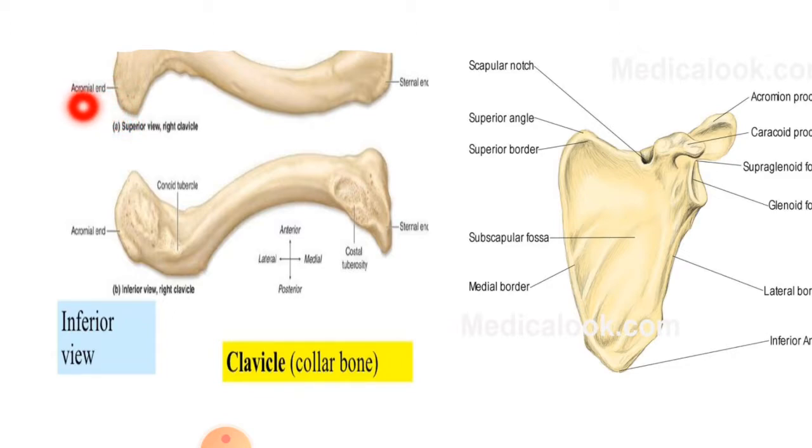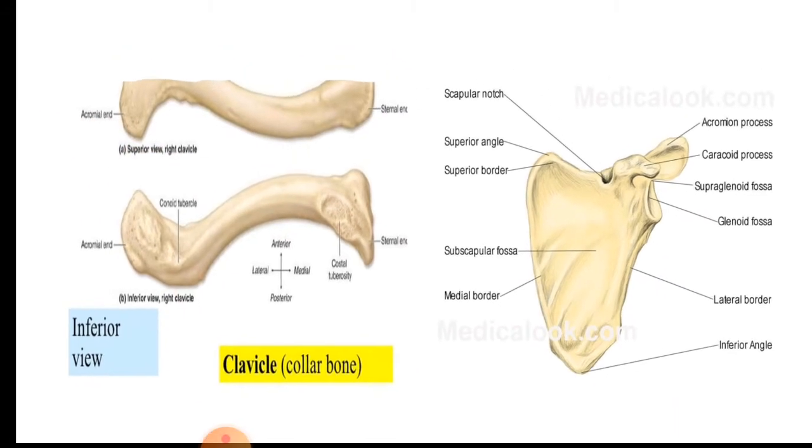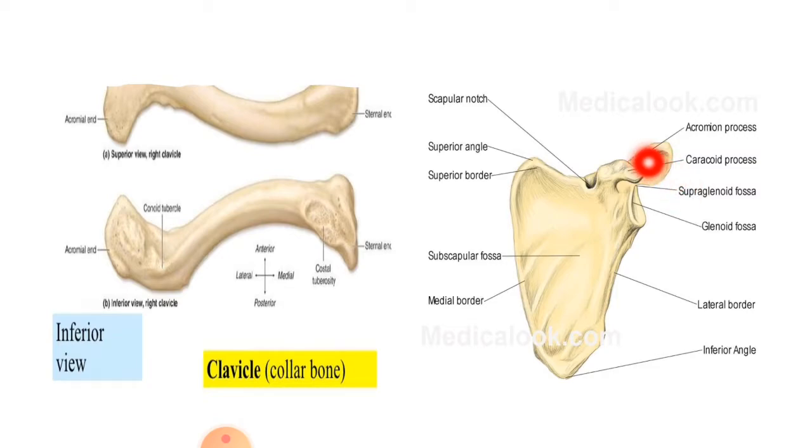The acromial end of the clavicle joins with the acromial process of the scapula at its lateral end and forms the acromioclavicular joint.